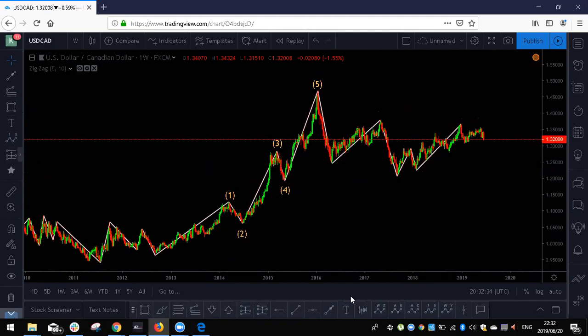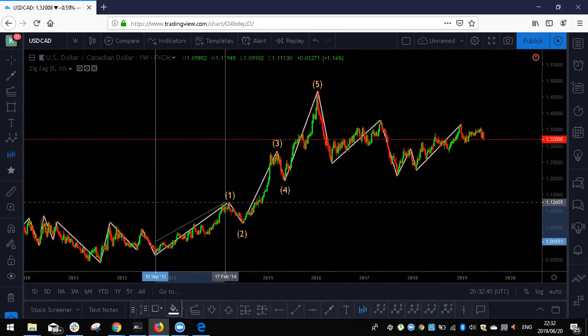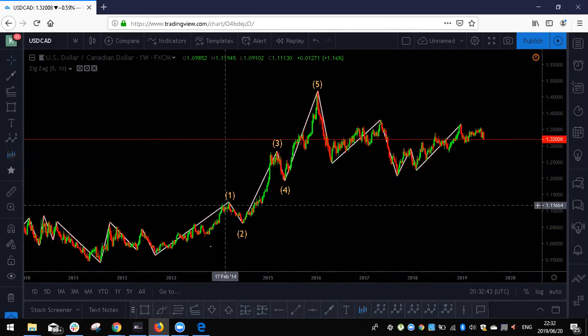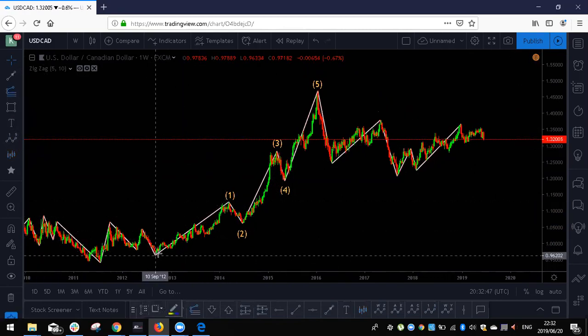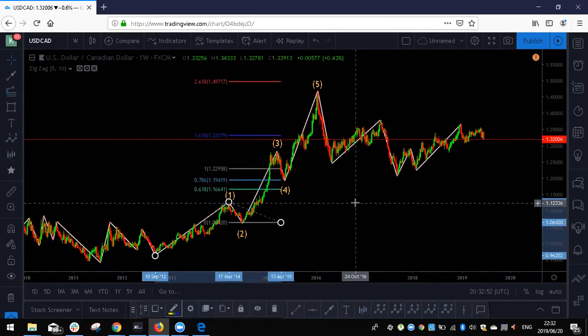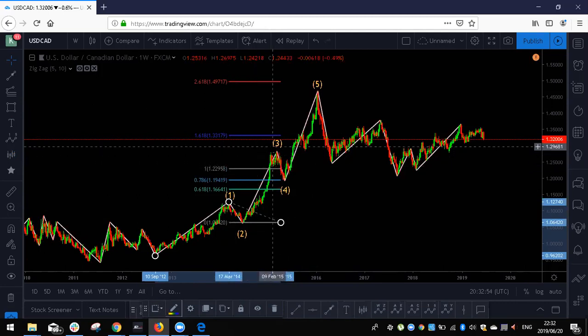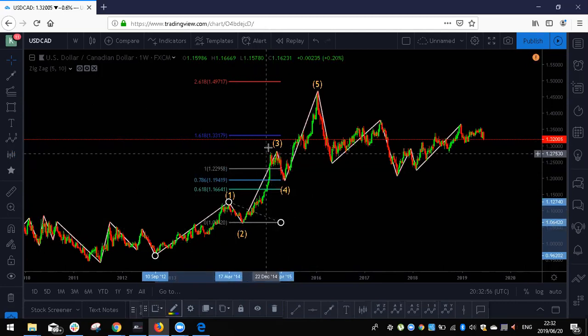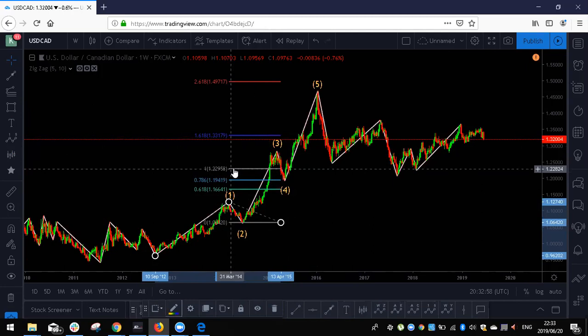Let's measure and see if wave 3 is longer than wave 1. We said wave 1 is starting from here. I'm using the wrong tool, I need Fibonacci expansion, from there to there and coming there. Luckily, wave 3 is longer than wave 1, so this wave 3 is valid. You can see it's higher than the 100.